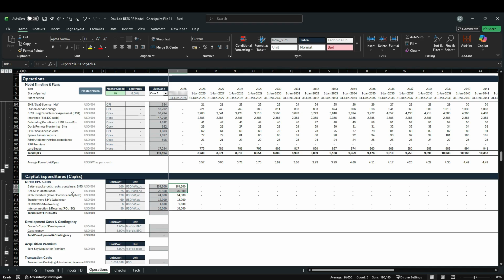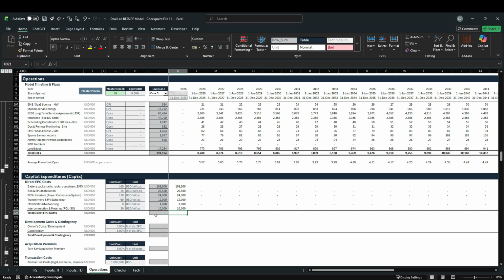Because if you want 4 times the duration, we will also have to install 4 times the containers, racks, and cells. However, the power conversion system and the point of interconnection will be sized still at 200 megawatt AC, which means we do not have to fourfold the size of our power conversion system, which is the reason why these CapEx here stay flat.